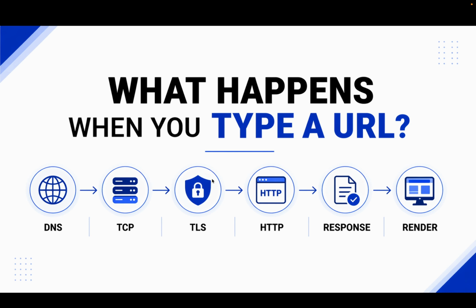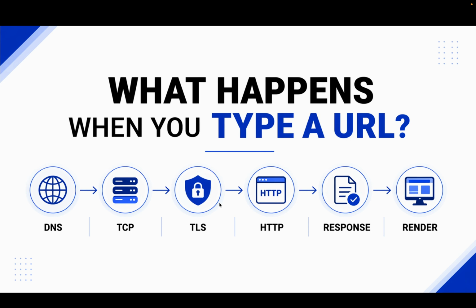Now once we are done with these three steps, we have found the IP address, started a secure connection, and added the SSL certificate to make it secure. The next step is the server process. After that, the browser sends an HTTP request to the server asking for the web page.